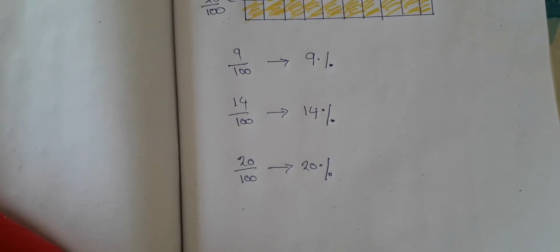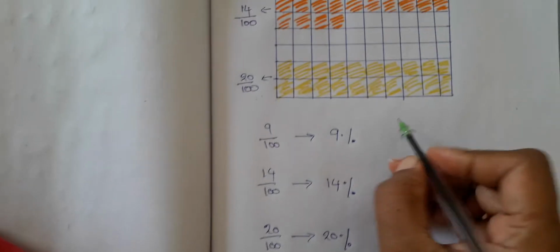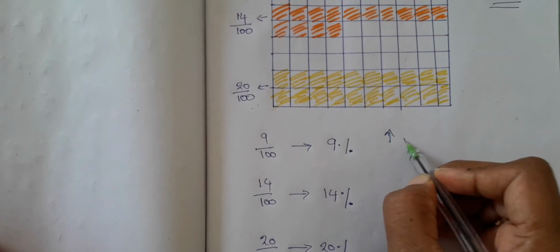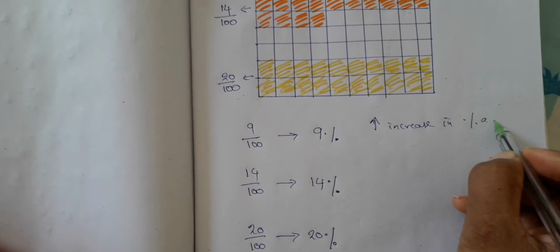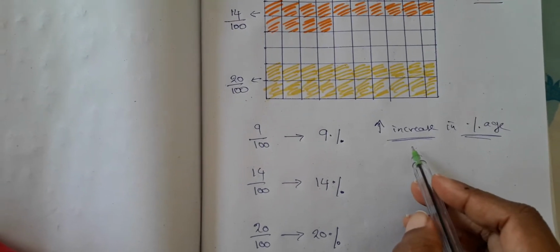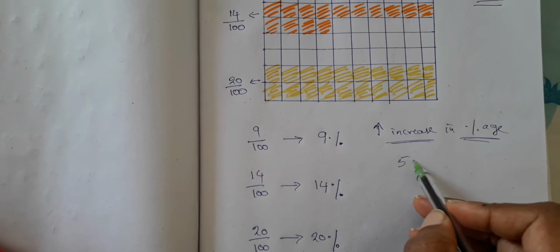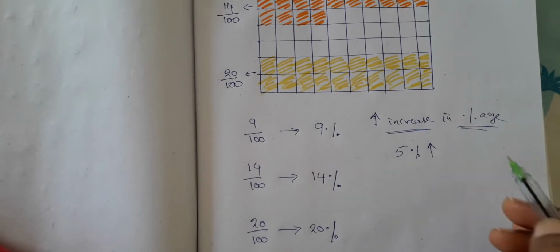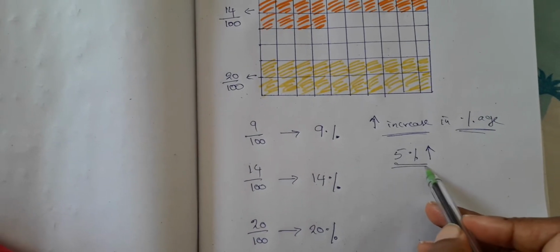Sometimes you will say that there is an increase in the percent. What we call here is percentage increase. So suppose 5% increase. When you say 5% increase, what does it mean?